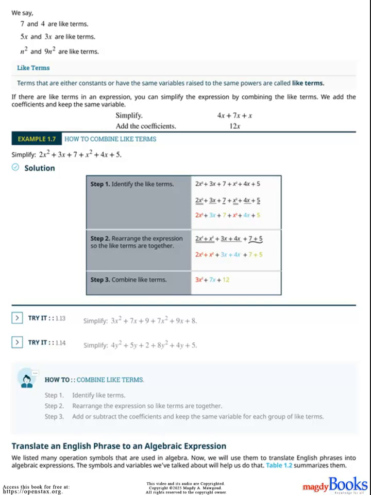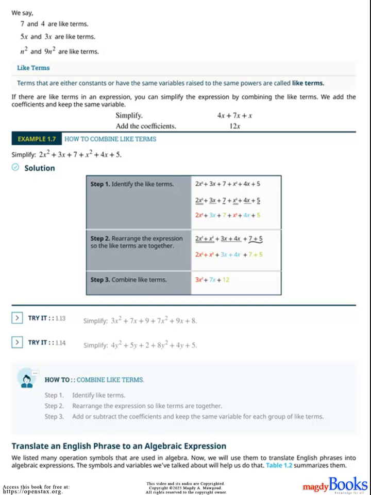Step 2. Rearrange the expression so the like terms are together. 2x squared plus x squared plus 3x plus 4x plus 7 plus 5. Step 3. Combine like terms. 3x squared plus 7x plus 12.